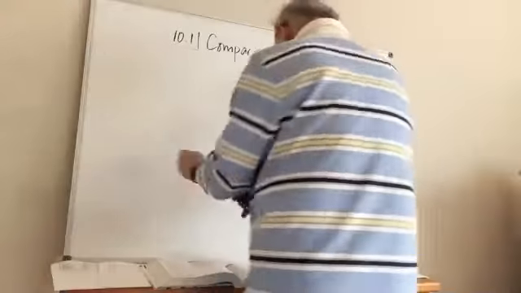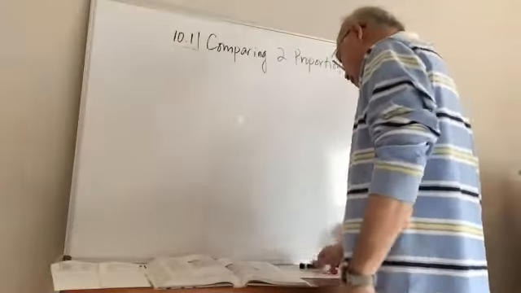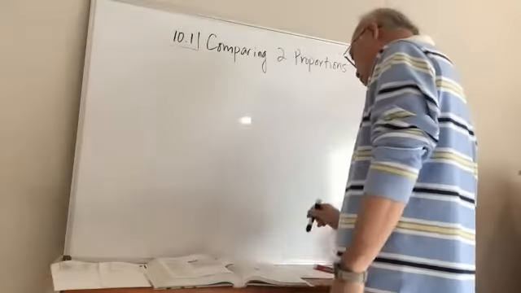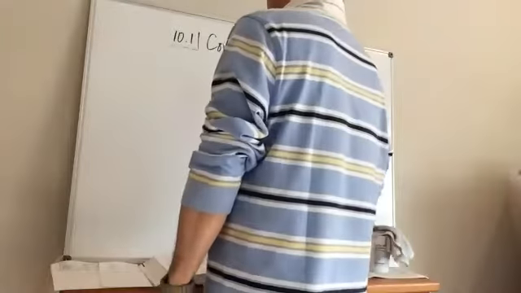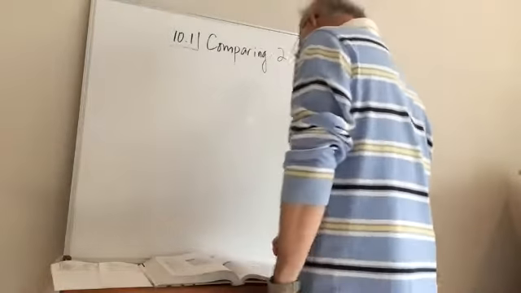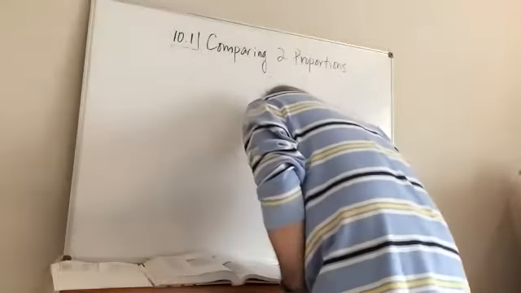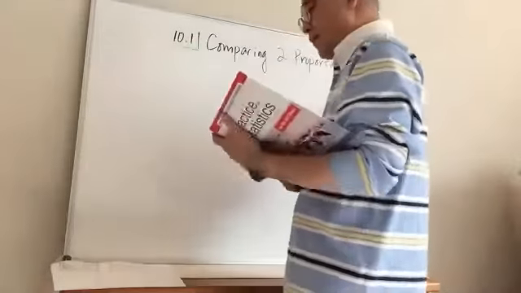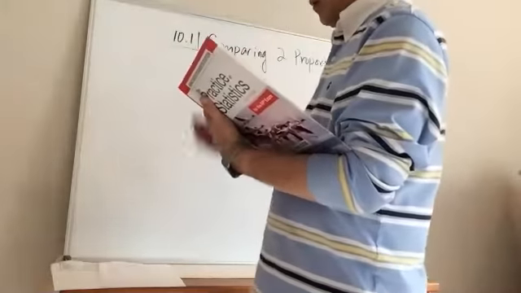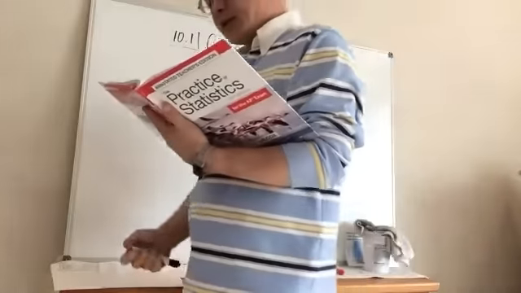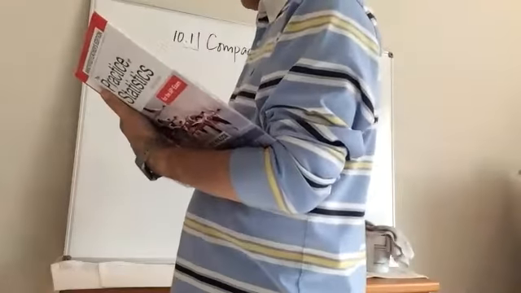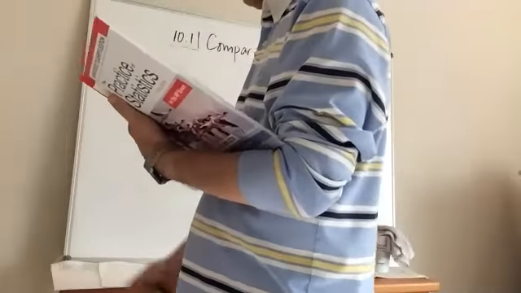All right, so let's continue on and let's now do a confidence interval for P1 minus P2. If you go to page 625, in the green box, there are conditions for constructing a confidence interval about the difference in proportions.